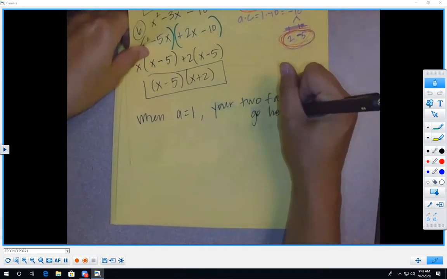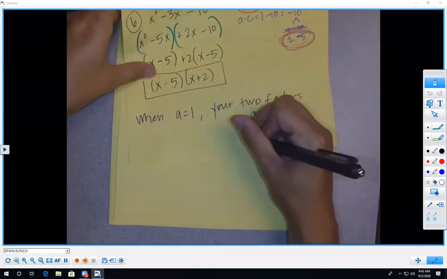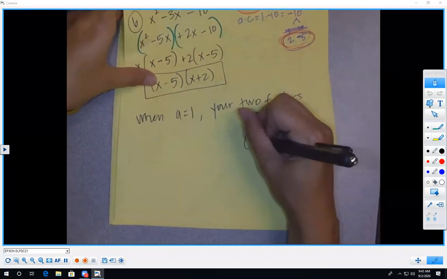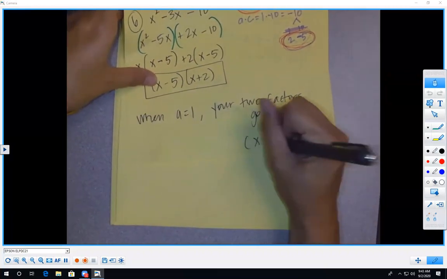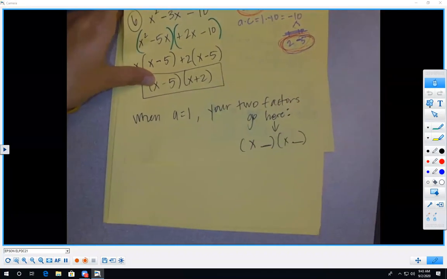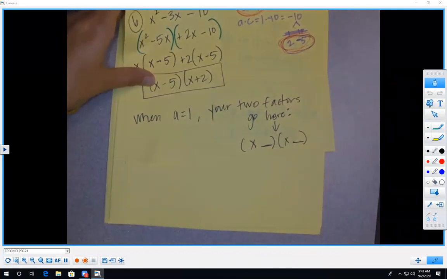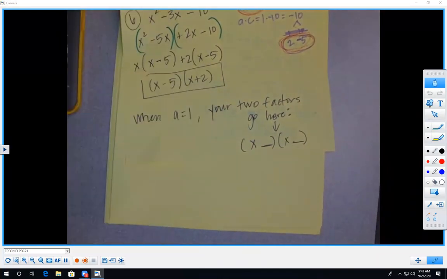And I put in two sets of parentheses, an X at the beginning, and they go here and here with the X. If they're positive numbers, you put plus signs. If they're negative numbers, you put minus signs. And we're about to do a few of these just to make sure you get the hang of it.